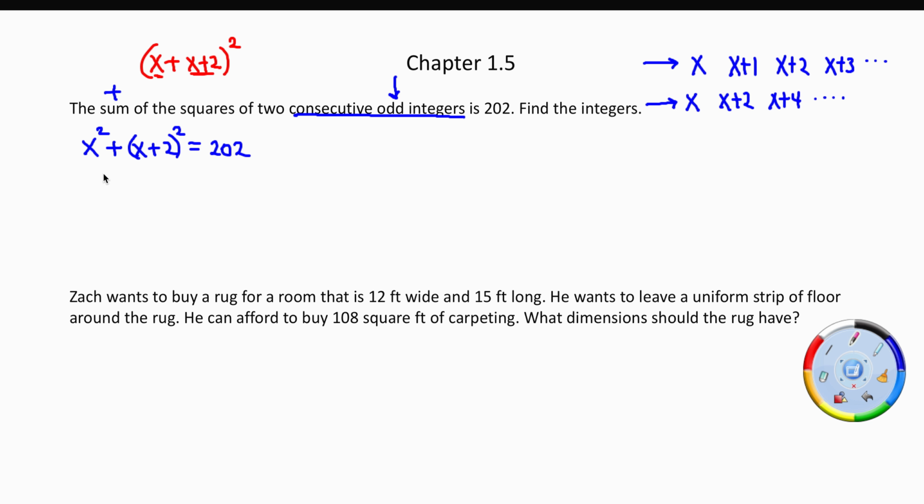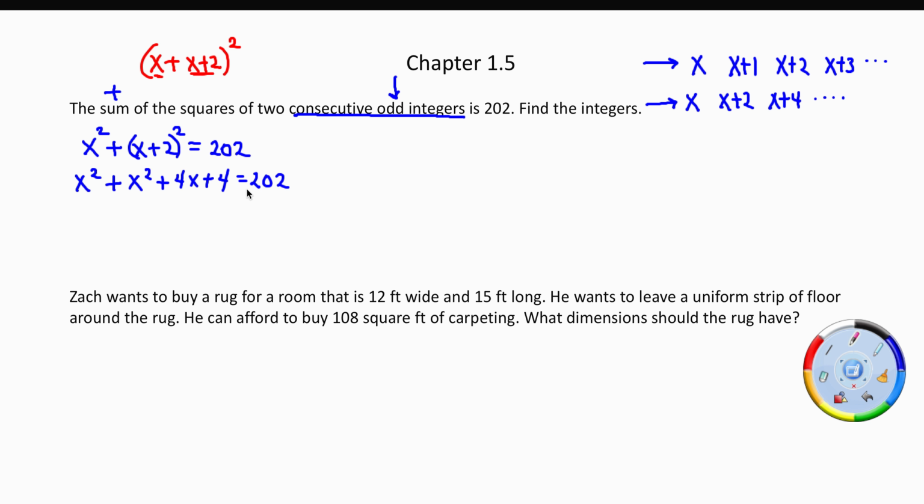Now, once I have my equation, we can solve any quadratic equation after that last lesson. So I'm just going to multiply this out. I hope we very quickly learn the shortcut to multiplying out these perfect square trinomials. x squared plus 4x plus 4 equals 202, because you square the first one, multiply everything together, so 2x, and double it, and square the last one.